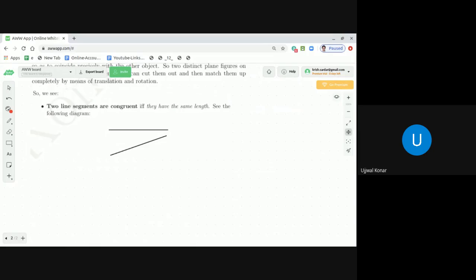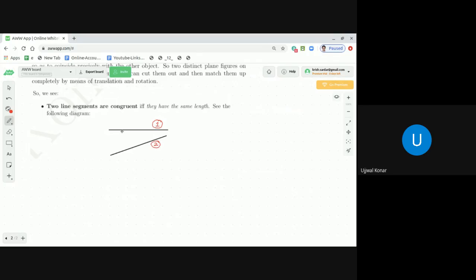Now, if you consider the first line segment, and the second one, suppose this is the first one and this is the second one. The second one is actually obtained from the first one by means of either translation or rotation, right?